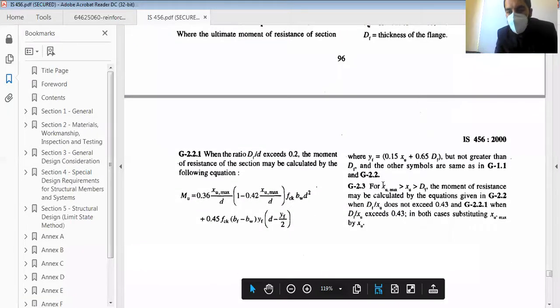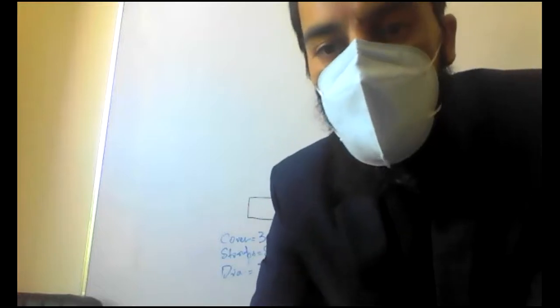Now we require the value of xu max first to know whether this formulation is being accepted or not. So we had to check what is xu max first and df. Then we can apply these equations.